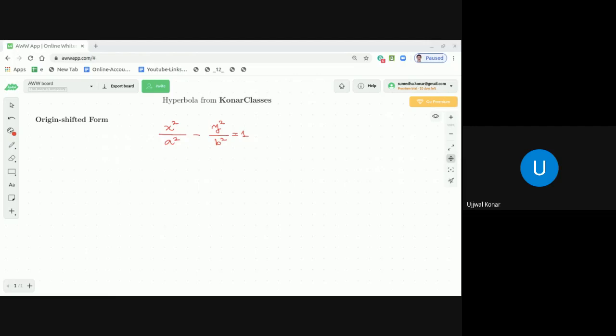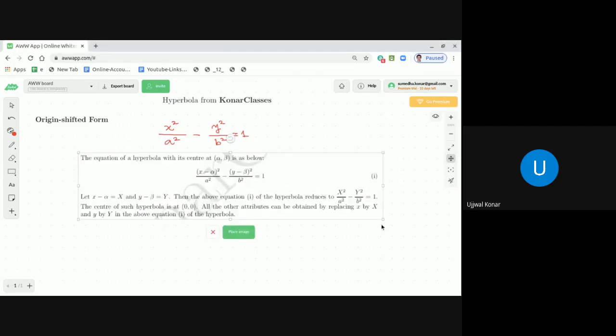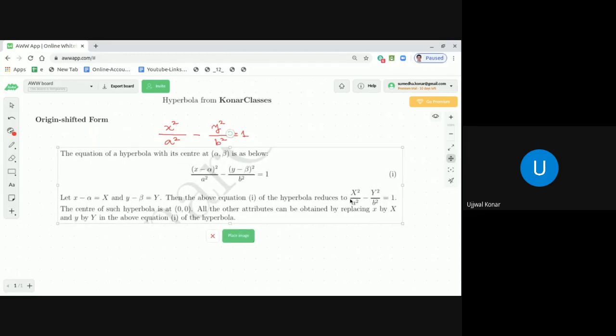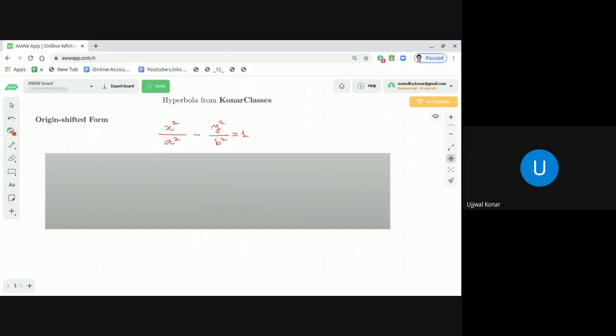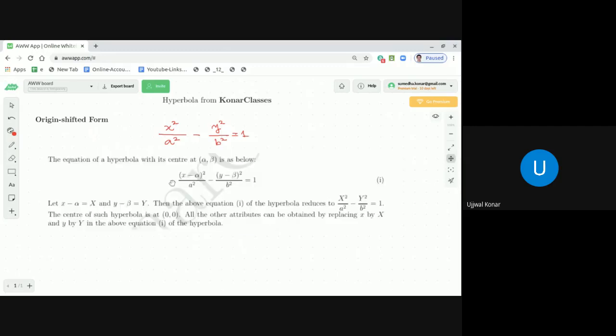Now when we shift that center from the origin to another point, suppose the point alpha beta, what can we write as that equation? That equation should be written like this: x minus alpha whole square by a square minus y minus beta whole square by b square equal to 1.